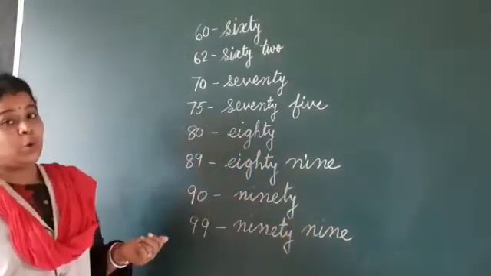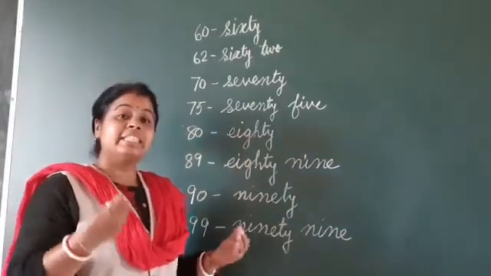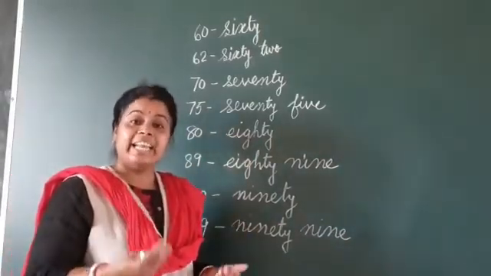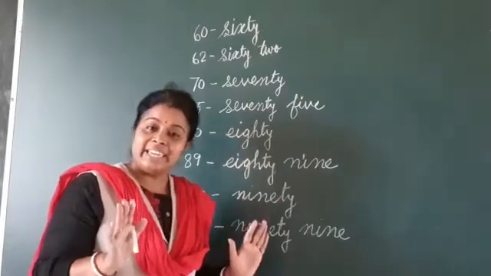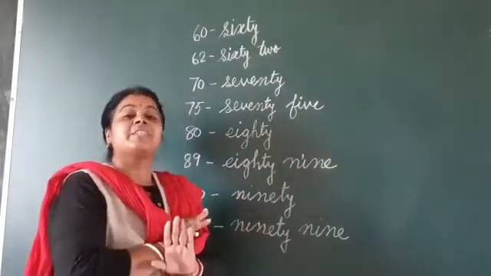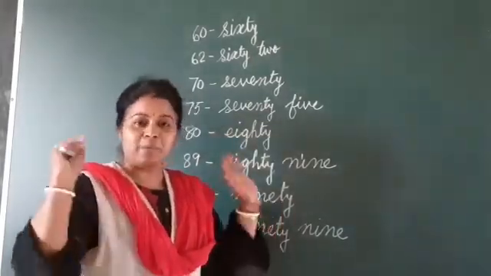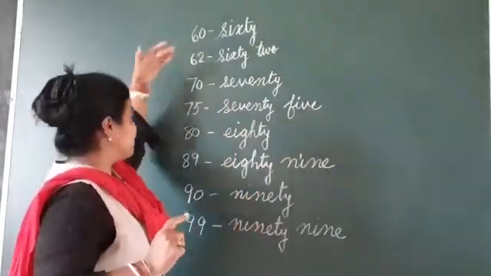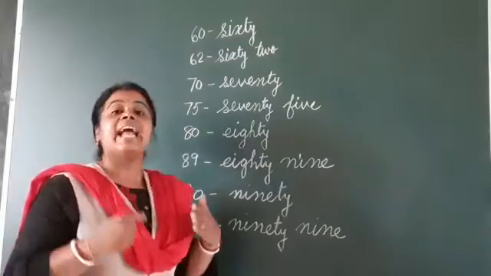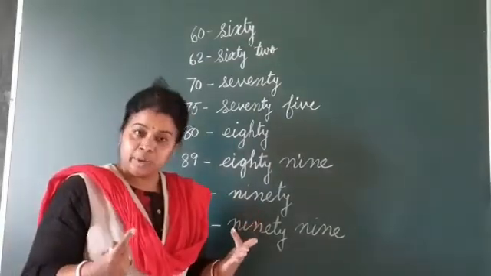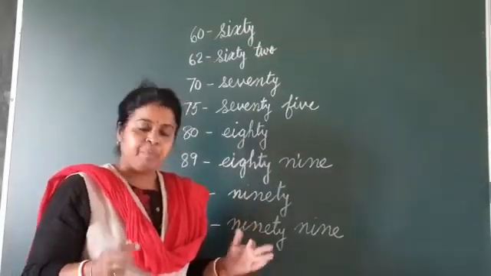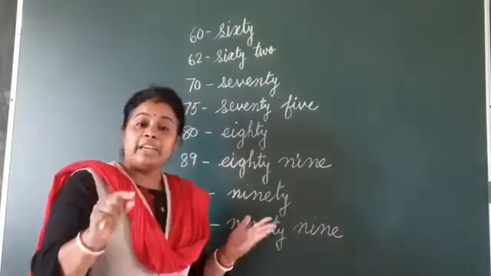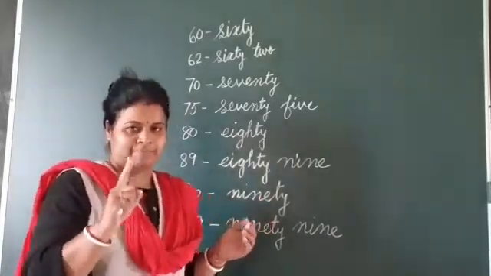So what happened? If you know the spellings of 60, 70, 80, 90 and 100, then you can spell any spelling. Okay? So first you learn the spellings of 60, 70, 80, 90 and 100. HUNDRED 100. Okay? From 1 to 100 you have to learn properly.